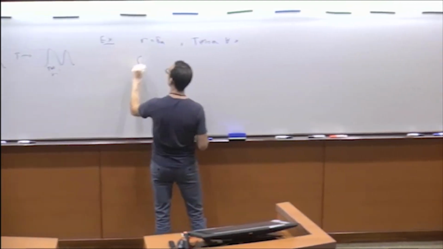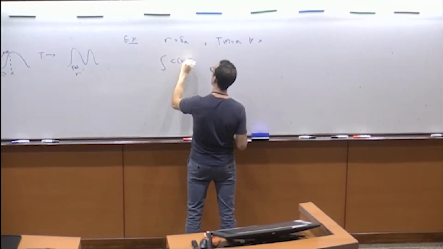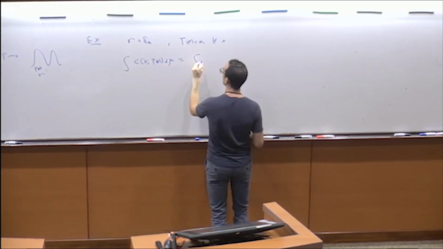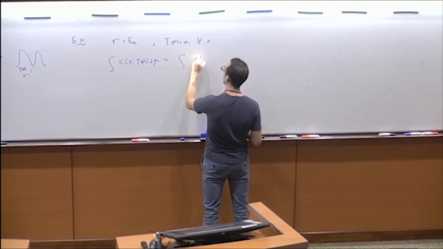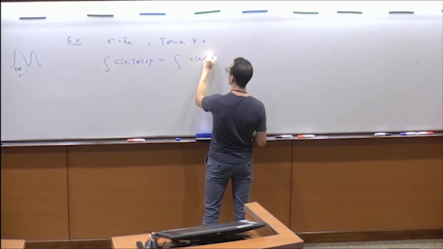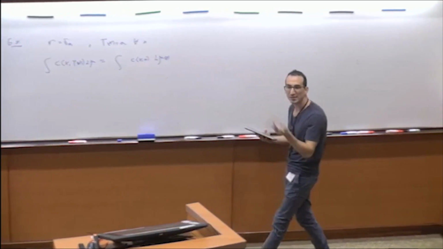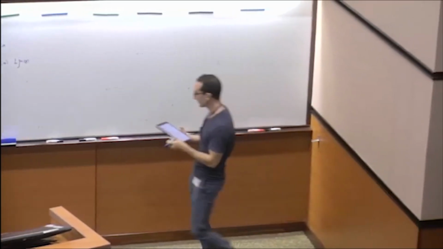So then if we look at the integral of C of x, T of x d mu, it would just be the integral over x of the cost function C of x comma A. Yeah?